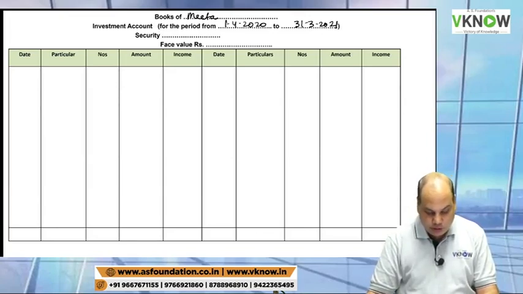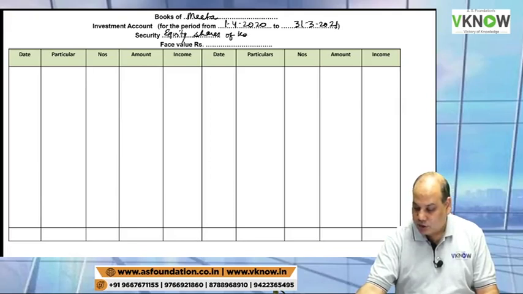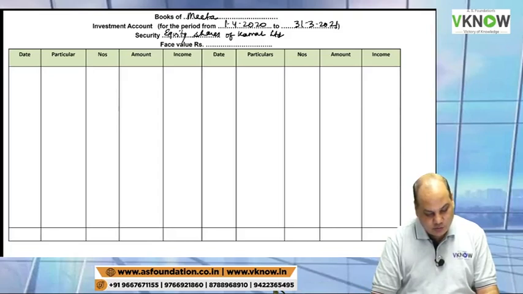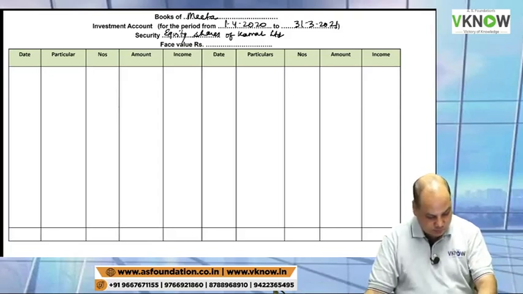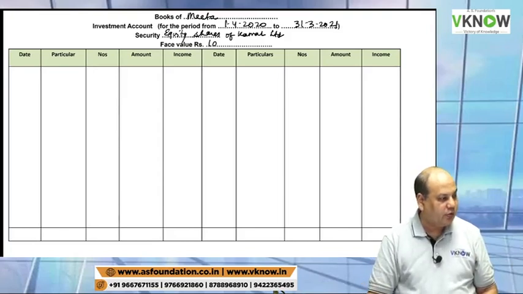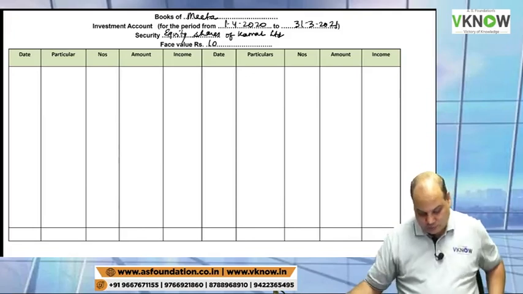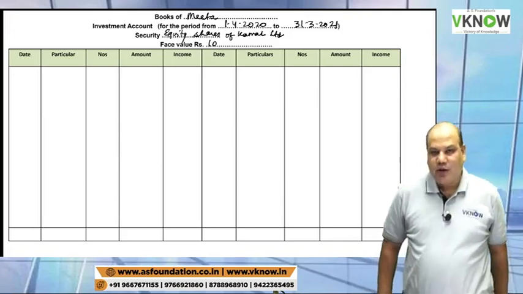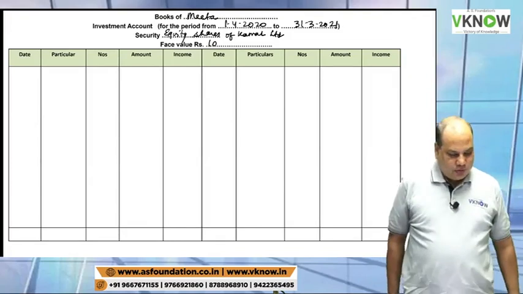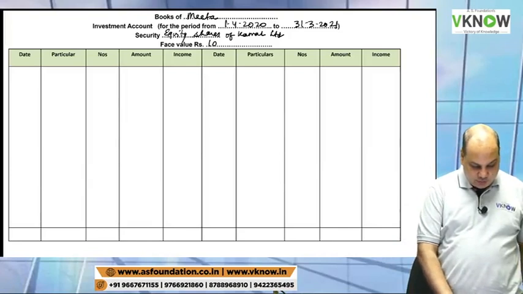This time the securities are equity shares of Kamal Limited, and the face value of the equity share is 10 rupees. Draw the format. Once it is done, please tell me. There is only one purchase and only one sale.